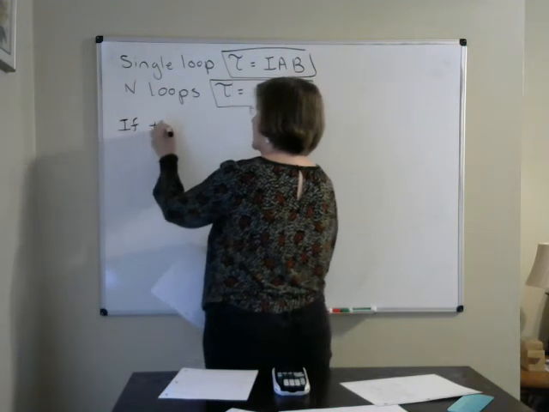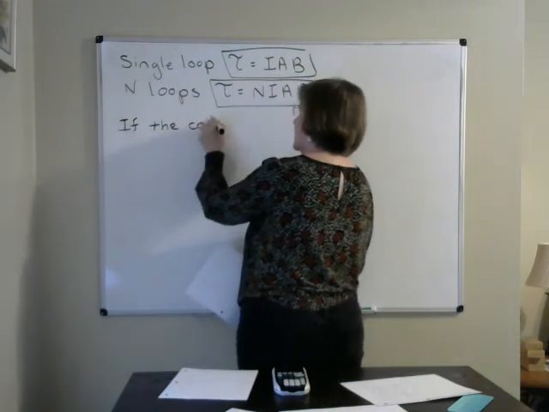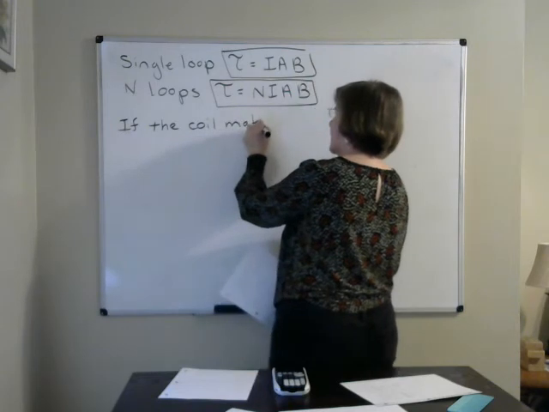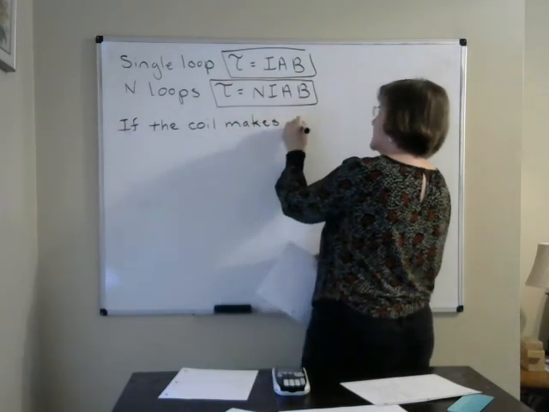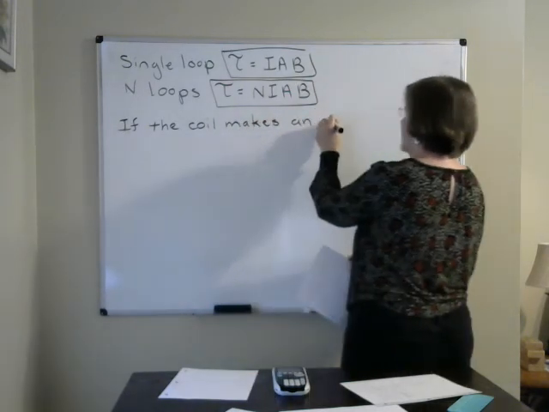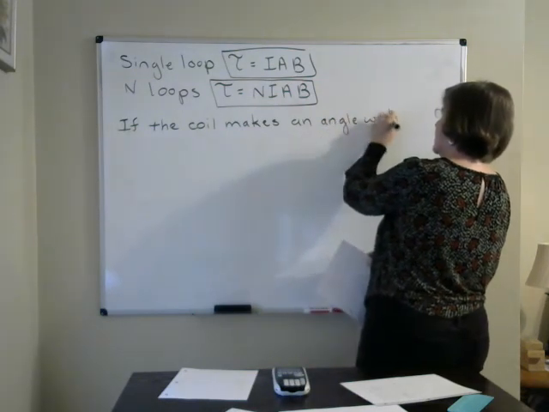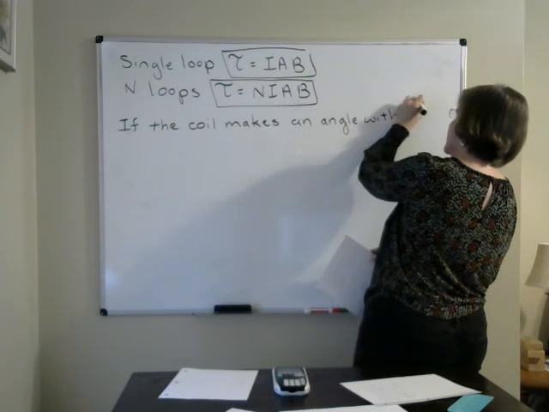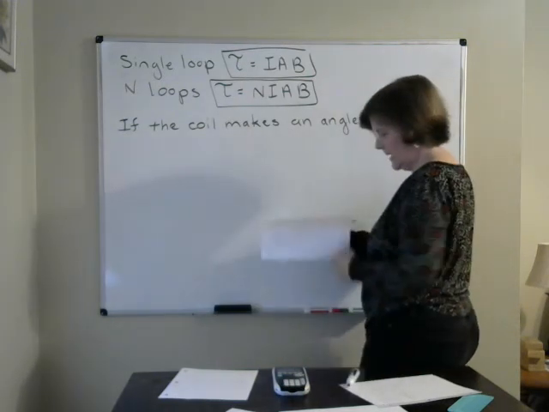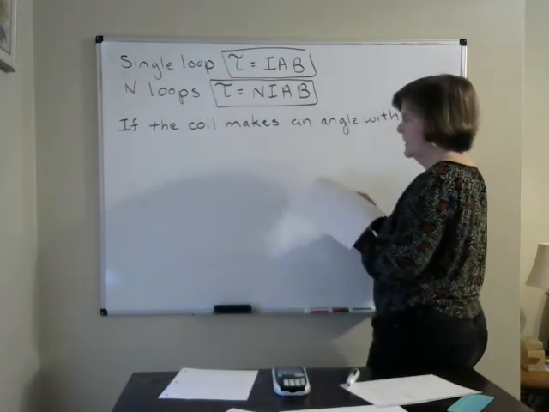If the coil makes an angle with the magnetic field, in this case I'm going to let the magnetic field point to the right again.